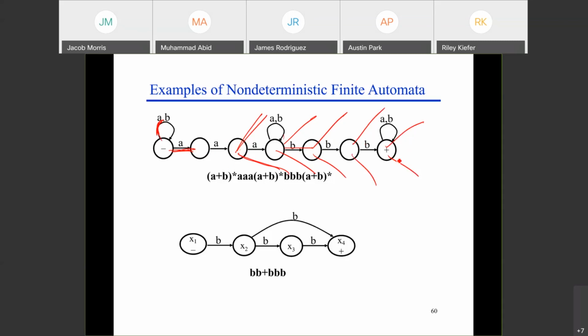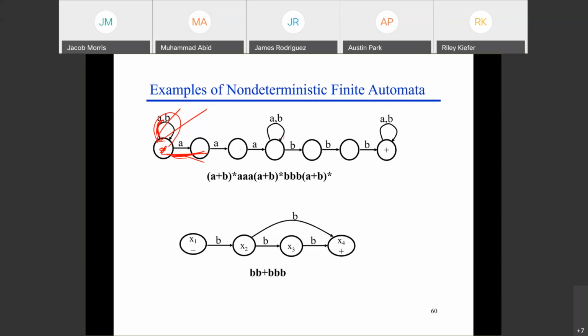This is your FA. But here, it says A and B and A. So non-deterministic. If you are here and you receive A, the machine will not be able to make a decision by itself. It can go this side or it can go this side, because both are taking care of A. So which one is good? The machine cannot make a decision by itself. So this is a non-deterministic approach.